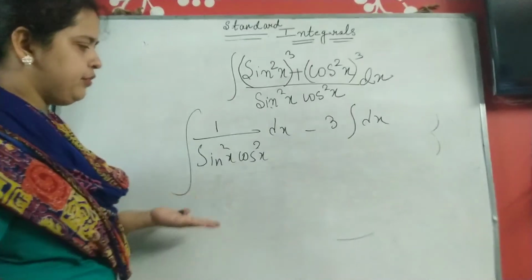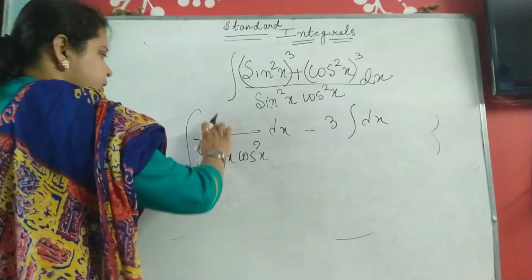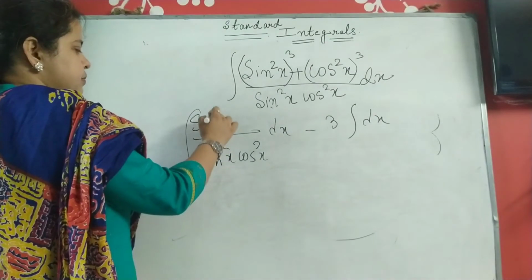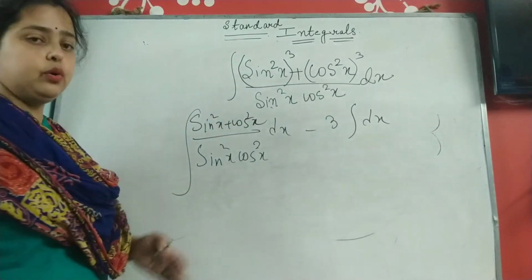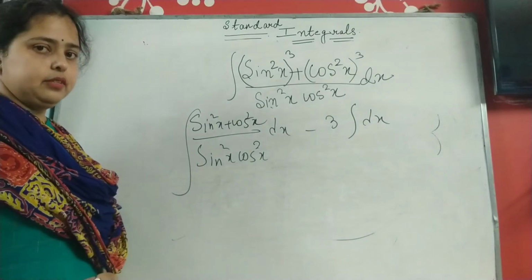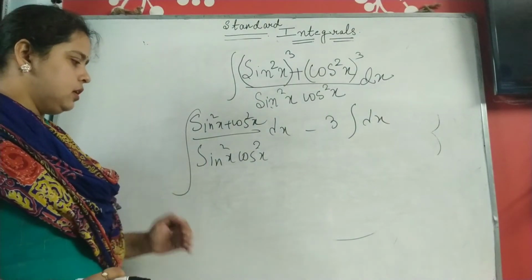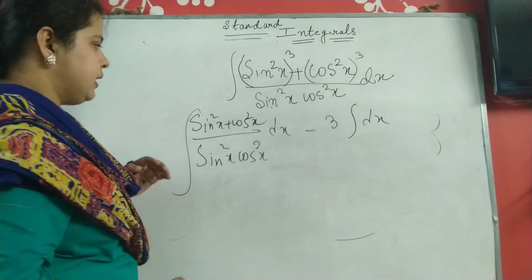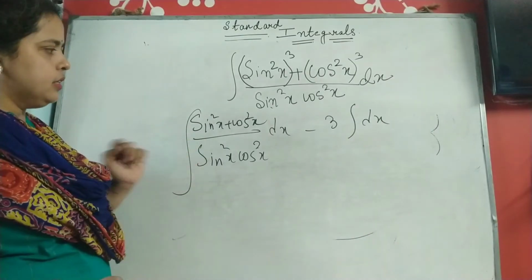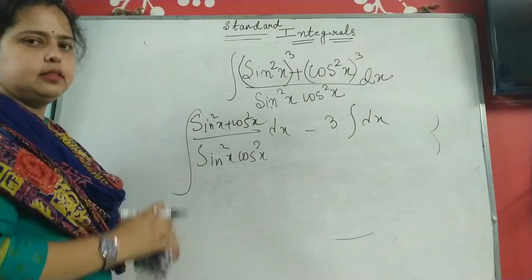So see how can we do it. Let us rewrite. Please try to understand how many times I am using this formula. I was telling you in the previous problem that we are using the trigonometric identities so many times. So let's again separate it.